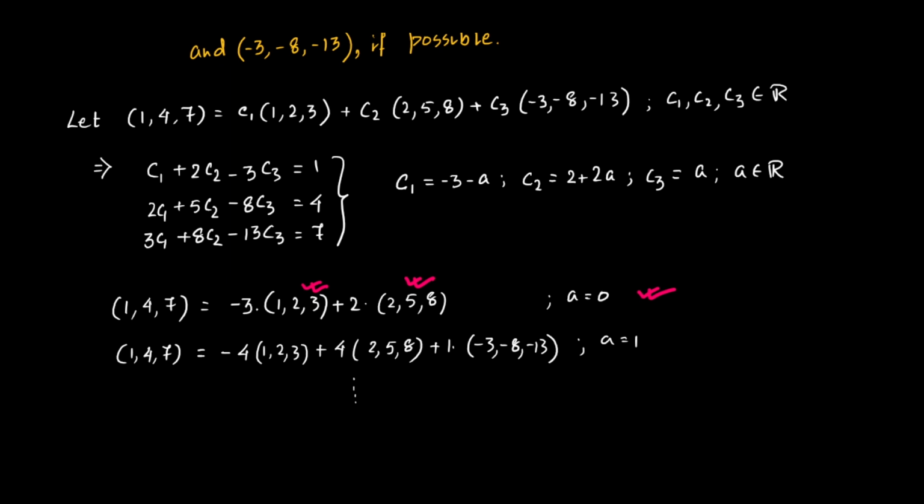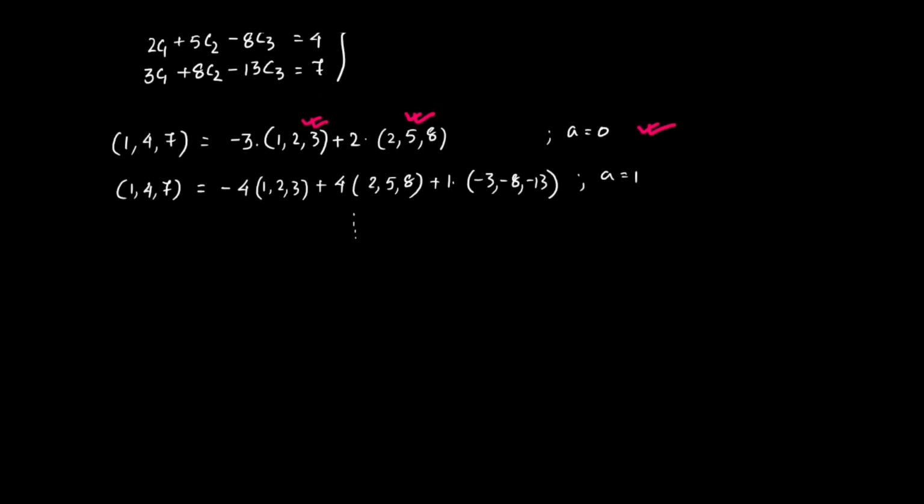Now, if you further examine the three vectors, you will find an interesting fact. You will find that the vector (minus 3, minus 8, minus 13) can be written as 1 times (1, 2, 3) plus minus 2 times (2, 5, 8). That's interesting. How did I get this? Pretty simple.